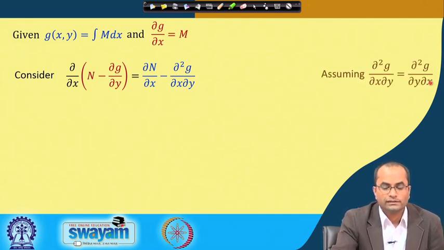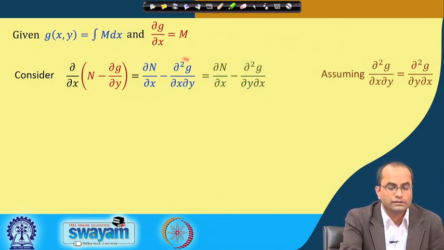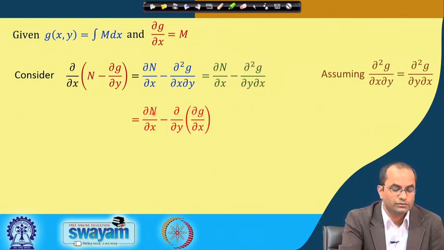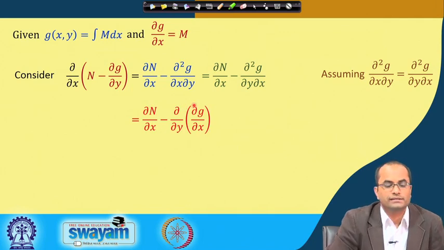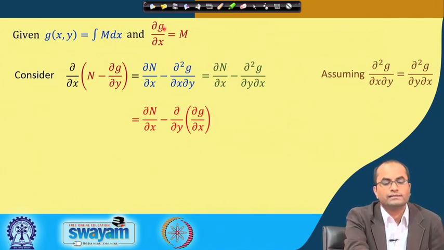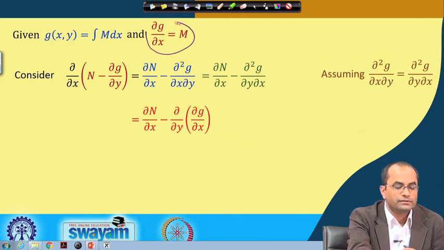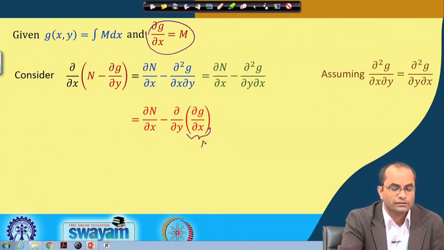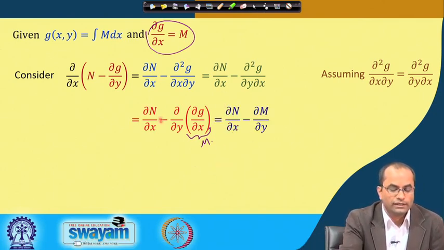Assuming again the equality of the second order mixed derivatives, we rewrite this as ∂N/∂x, and here ∂/∂y of ∂g/∂x, and this ∂g/∂x is given as M by construction. So, this is ∂N/∂x minus ∂M/∂y.